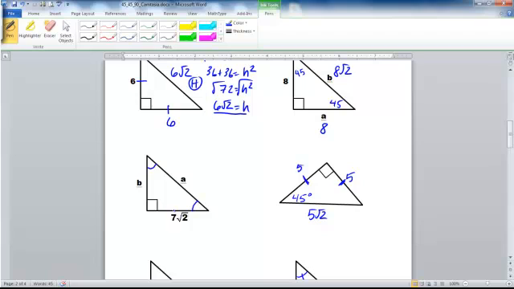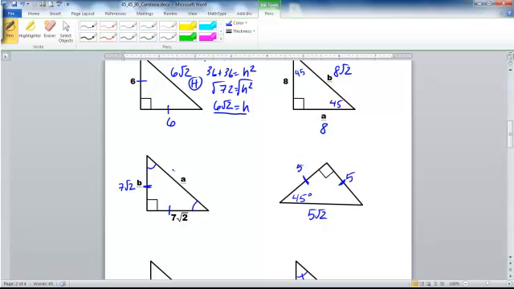Now this one, I know that my legs are congruent here because my angles are marked congruent, so 45, 45, 90. So if this is 7 root 2, this is 7 root 2. Now this is different from these up here and over here because now I've got a radical attached to my leg as opposed to a plain old integer.